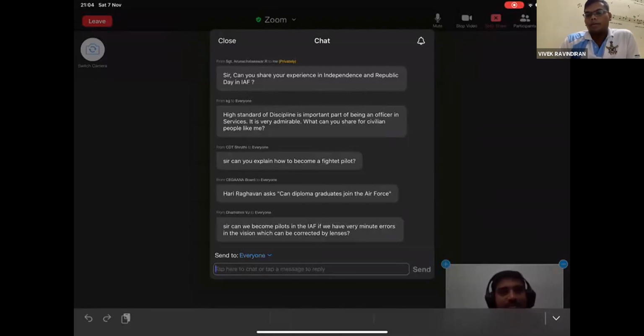But after undergoing LASIK surgery to correct the power, the condition is that you should have undergone the surgery 1 year before your medicals, so plan your surgery accordingly. After LASIK surgery, you will be made fit by the military hospitals, and you can get into flying, but only for chopper or transport aircraft. You cannot go into fighters. For fighters, there is no leeway.